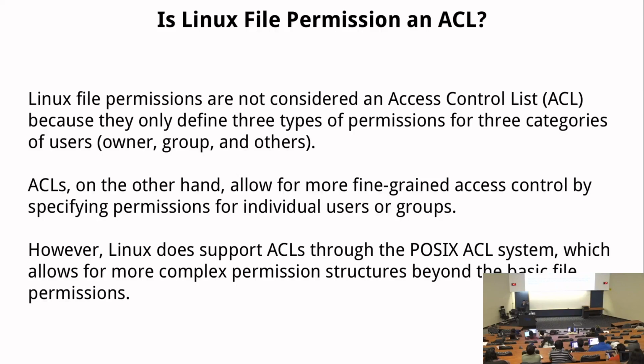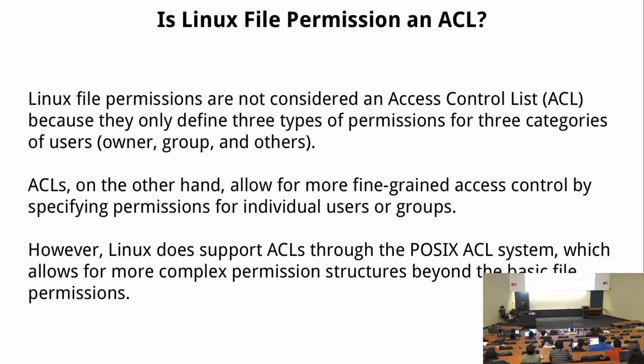However, if we go back to the previous access control list, you can see we want that permission to be more fine-grained. Usually when we say access control list, we want the policy to be very fine-grained. We should not have group or everyone else. We should have the permission for every account, every user on the system.